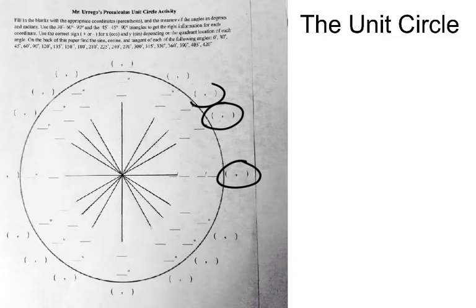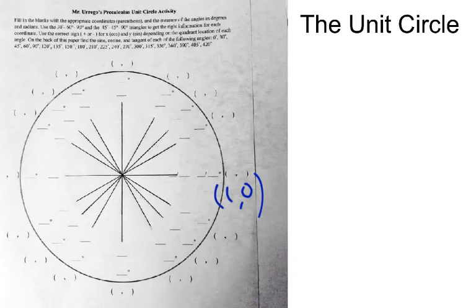The whole idea with this is that every ordered pair, like for example the first one, is going to give me 1, 0, and I'm going to explain in a minute why 1, 0.